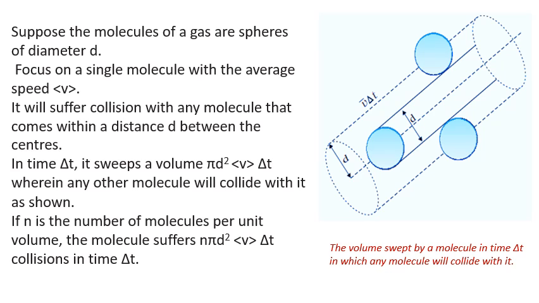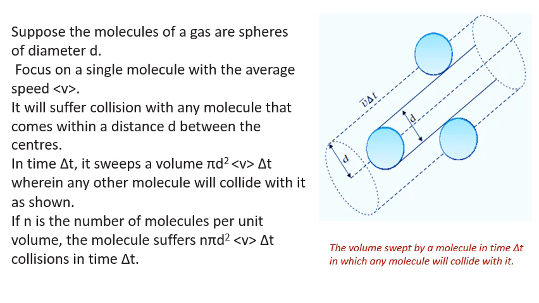To find the expression for mean free path, consider that the molecules of a gas are spheres of diameter d. Now focus on a single molecule with average speed v. It will suffer collision with any molecule that comes within a distance d between the centers.